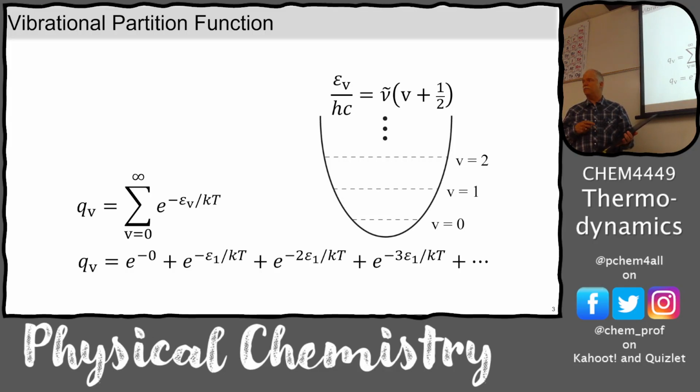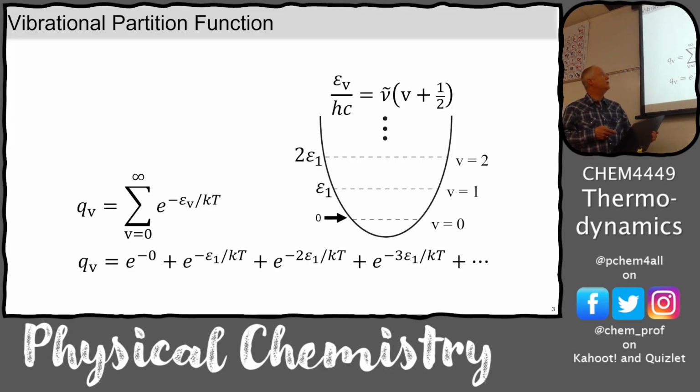Somebody see that? Since it's equal spacing, this next one would be 2 times the energy of E1. This next one would be 3 times the energy of E1. Okay, and so we have this sum that is the sum of a series that goes up in terms of its exponent. That's if we set the 0 energy point at v equals 0.